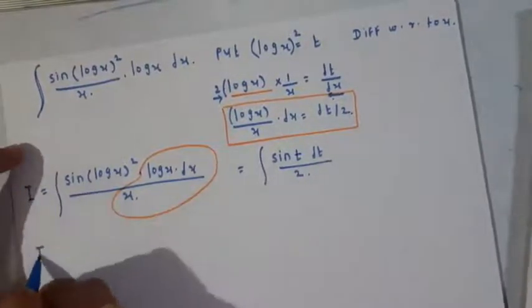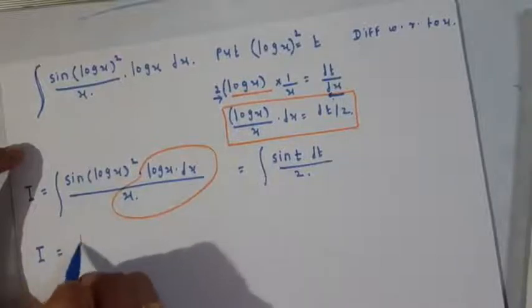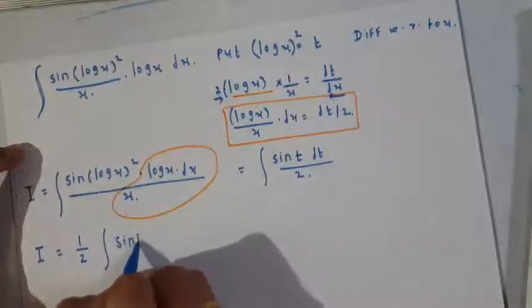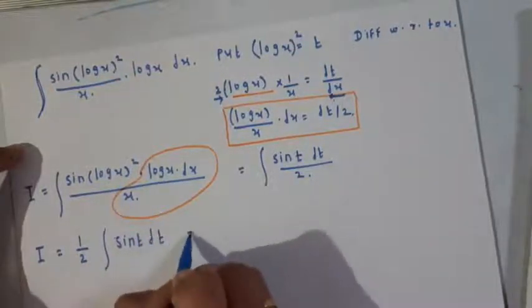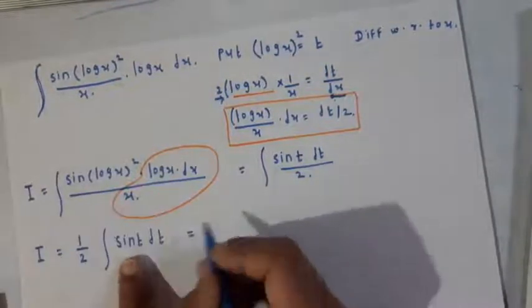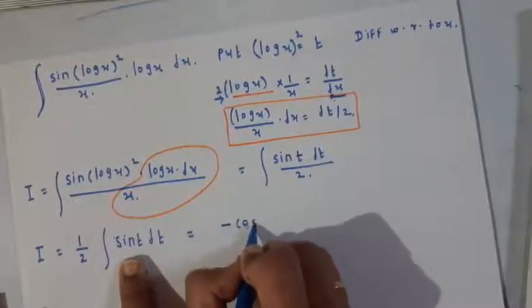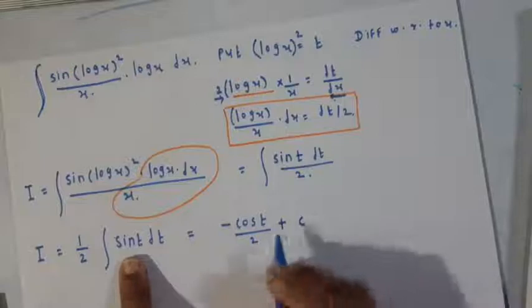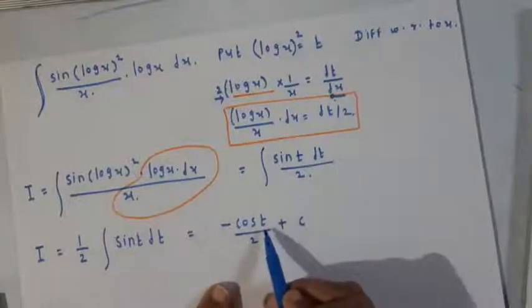And now integration I equals 1 by 2 as a constant, integration of sin of t with respect to t. You know the integration of sin of t is minus cos of t plus constant of integration c. Please substitute the value of t.